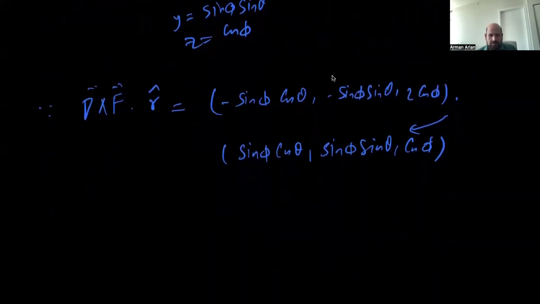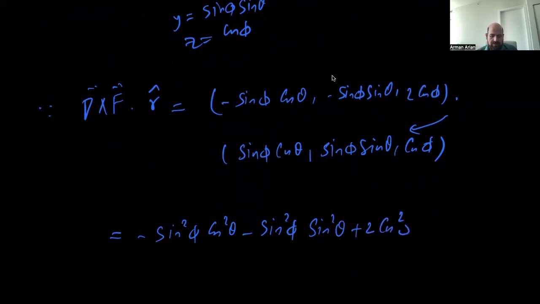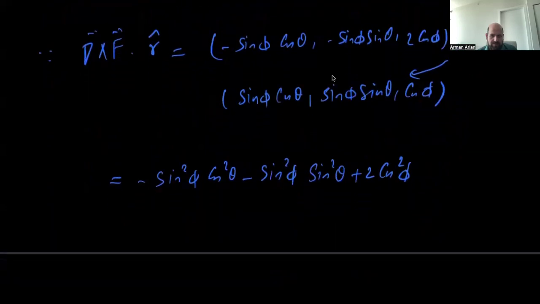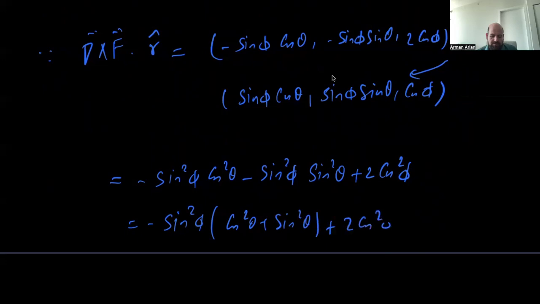So if we do this dot product, we'll get minus sine squared phi cos squared theta minus sine squared phi sine squared theta plus 2 cos squared phi. So I can factor sine squared phi out, minus sine squared phi times cos squared theta plus sine squared theta, which is 1, plus 2 cos squared phi.